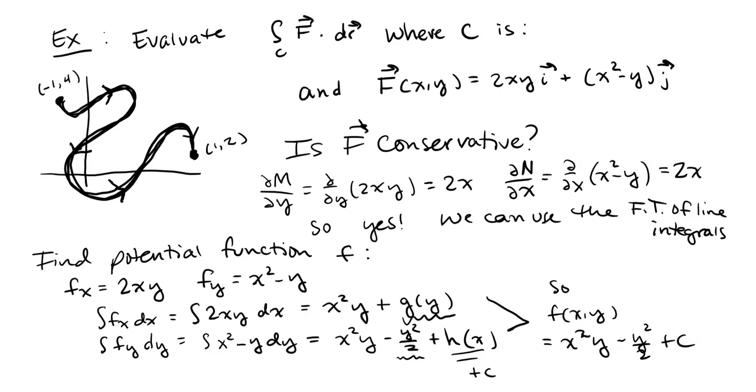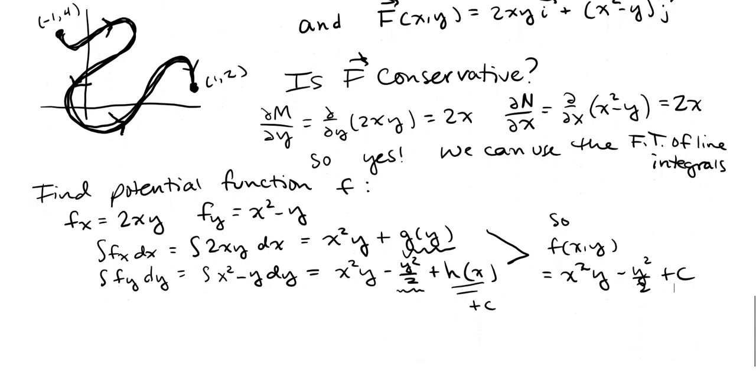So then taking a look at our line integral that we want, we need to do the line integral over C, which remember this is our curve C up here, of that capital F dr. And rather than compute it as a line integral, we're going to do it in terms of that potential function.